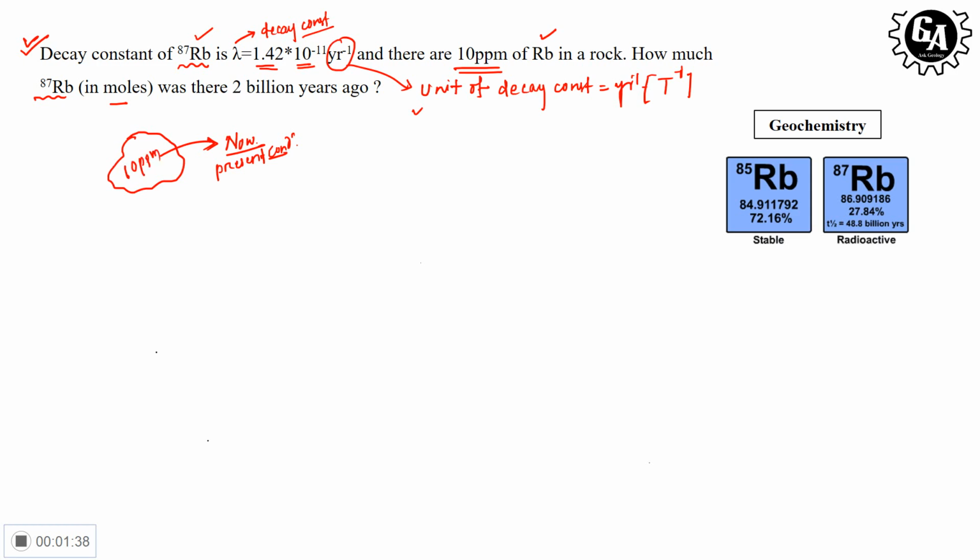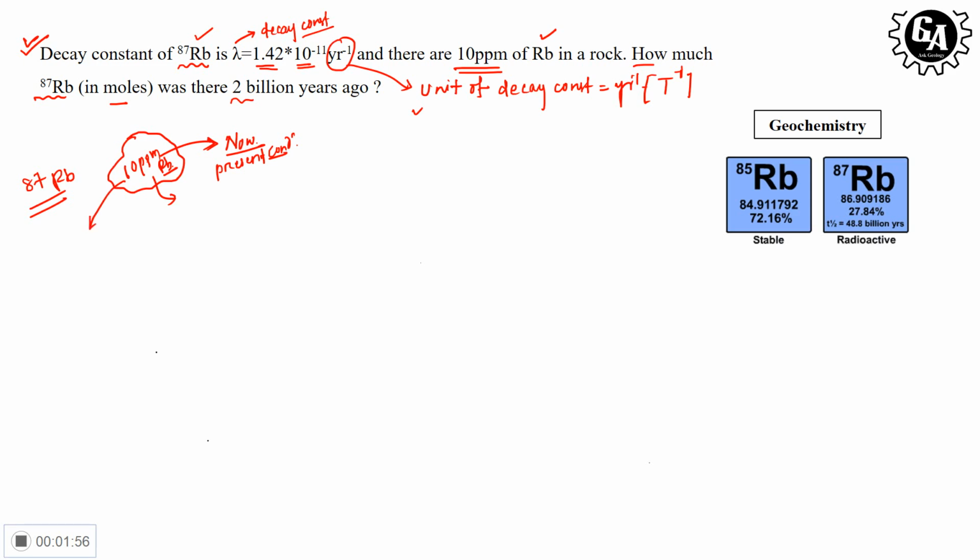Now he is asking how much 87 rubidium only was present 2 billion years ago. This is present now.